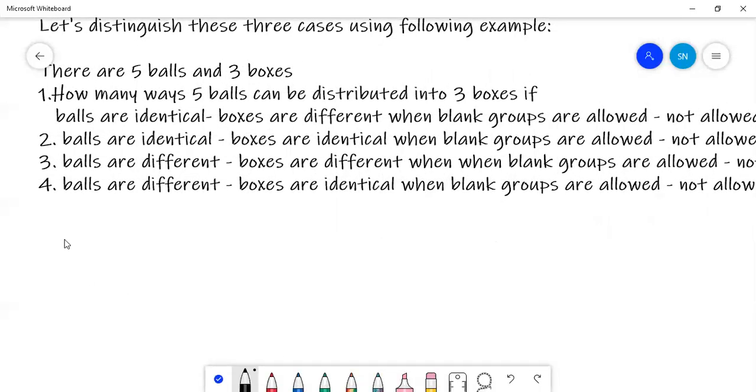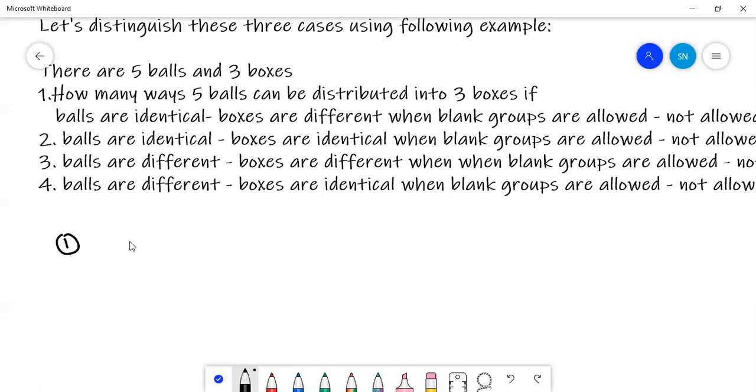The first point is, 5 balls can be distributed into 3 boxes. Balls are identical, boxes are different. So that is nothing but distributing 5 identical objects into 3 distinct groups.